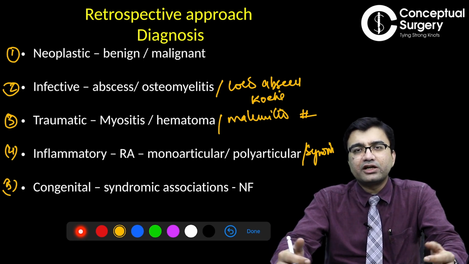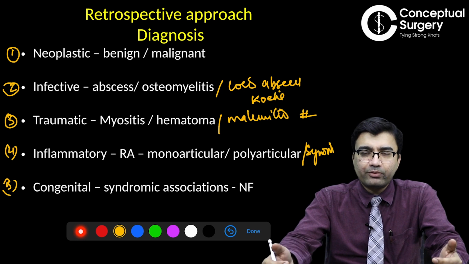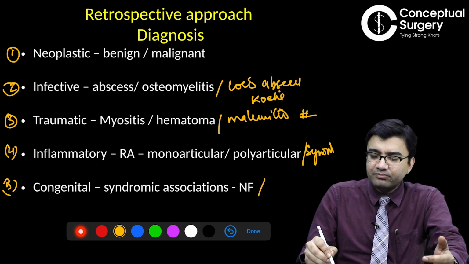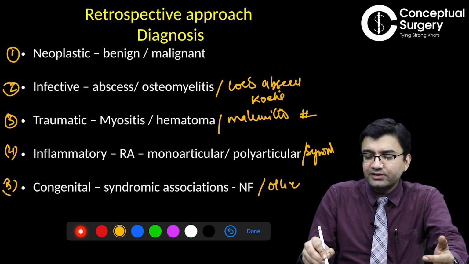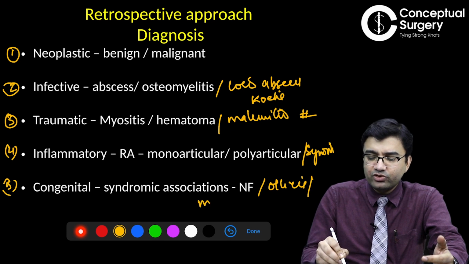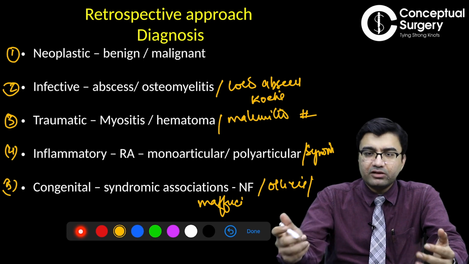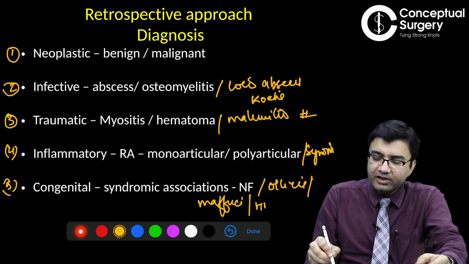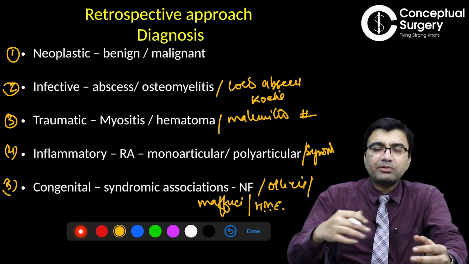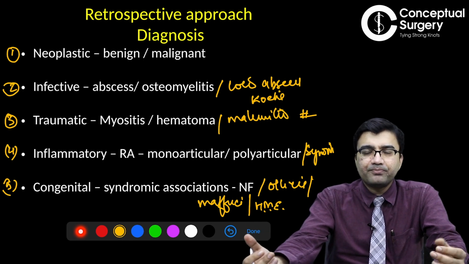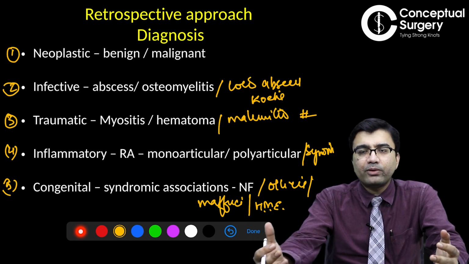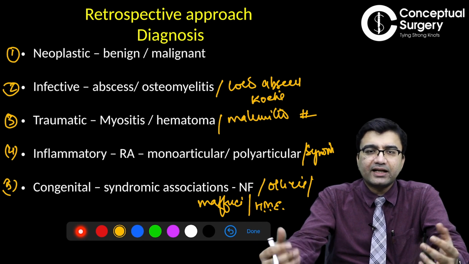You may see it in different conditions like multiple neurofibromas, in Ollier's disease, in Maffucci syndrome, just to give you examples, where there may be multiple hereditary exostoses, multiple bony outgrowths in the body. In neurofibroma, you may see multiple skin tags like that.